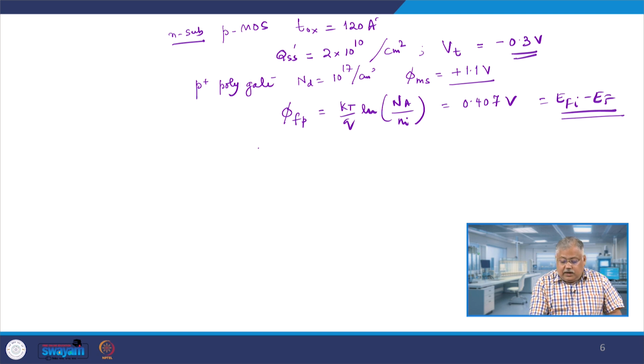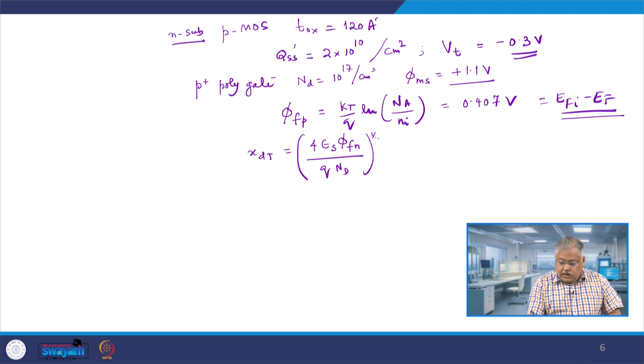Now I need to find out the value of XDT. XDT is the thickness of the depletion layer, and this comes from the PN junction diode theory, that this will be phi Fn divided by Q times Nd to the power half. If you put the values, I will get 1.026 into 10 to the power minus 8 centimeter.